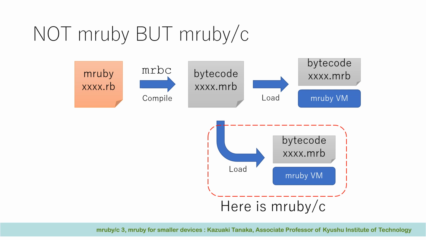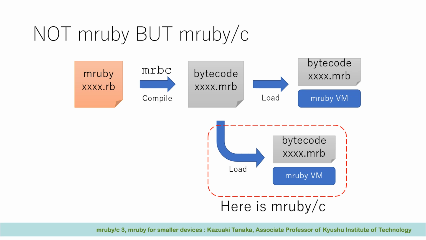Next is about mruby/c. The mechanism is almost the same as mruby. That is, the compiled, generated bytecode is executed on the virtual machine in the same way. mruby/c is another implementation of the mruby virtual machine.